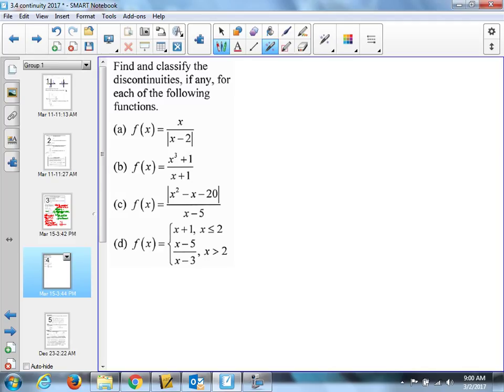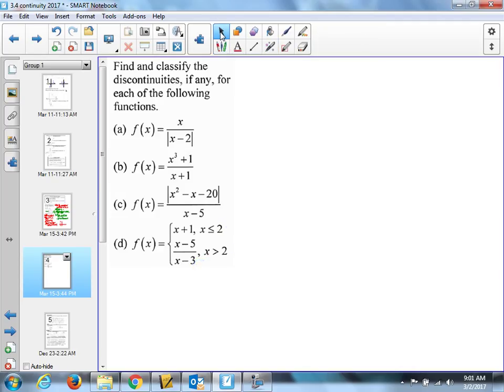Oh, come on, guys. What's a value you couldn't plug into this? 2. So if you're given a rational, look at the denominator. It's the most likely spot. Basically, all of these are rational. This is probably a problem spot. Here, problem spots, and this spot is a possible problem spot, right? You look, and sometimes they are, sometimes they aren't for piecewise.